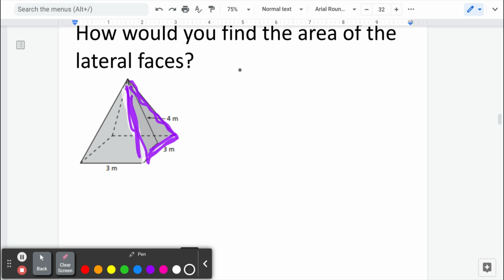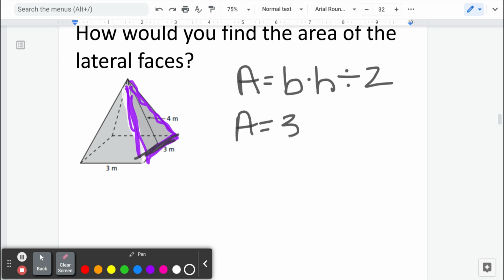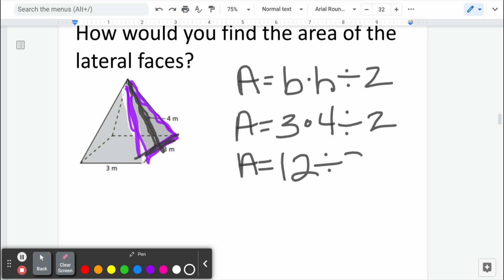If you said you'd use the formula area equals base times height divided by 2, you are correct. So we have the base here, which is 3. The height, remember, is the height going from the base up to the tippy point of our triangle, which in this case is 4. So we have area equals 3 times 4, which is 12, divided by 2. Area equals 6.